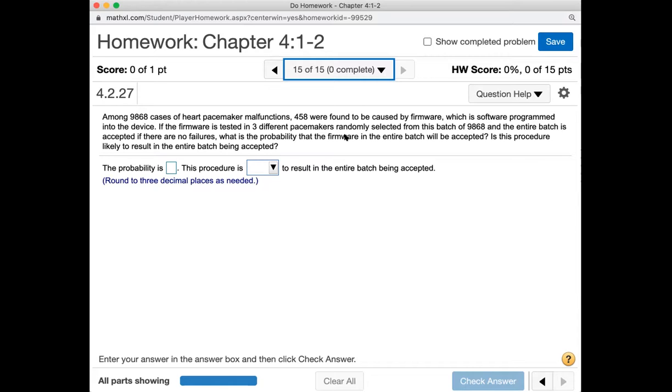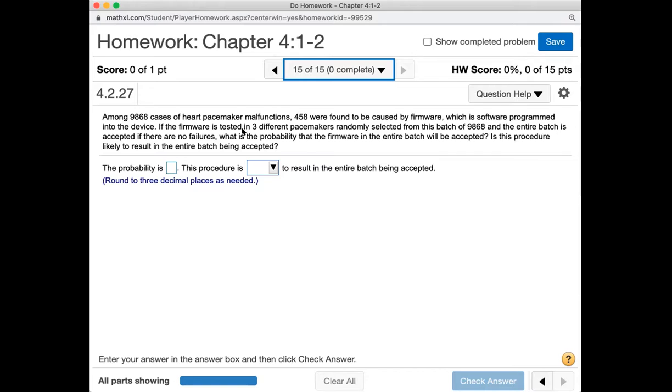So we got the probability. By the way, 9,868 is the sample, right? So keep this in mind.